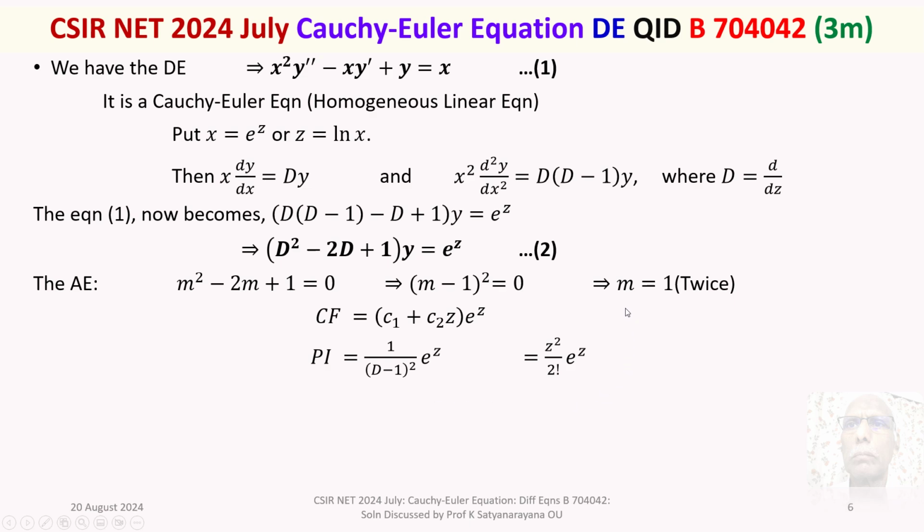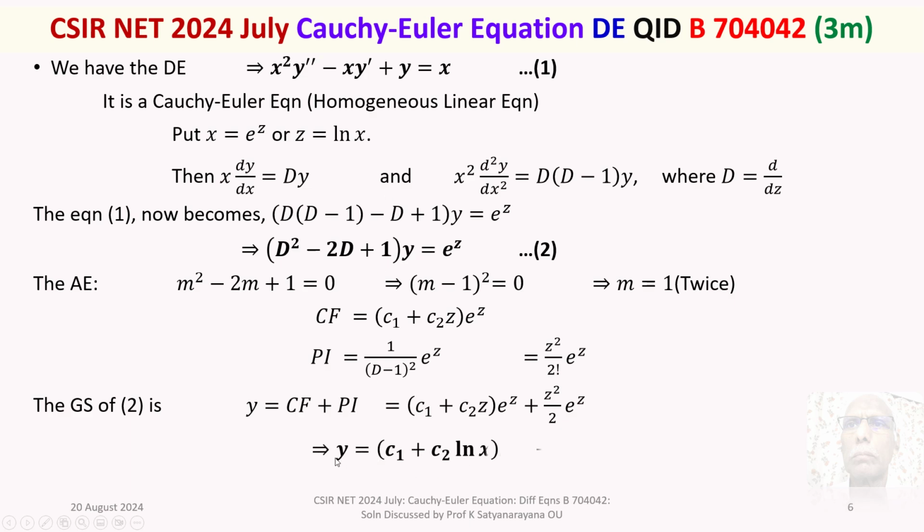So now the solution is y equal to complementary function plus particular integral, that is (c1 plus c2 z) into e power z plus z square by factorial 2, which is 2, into e power z. Now what is e power z? x. What is z? ln x. Substitute.